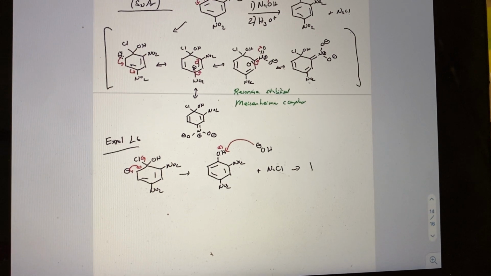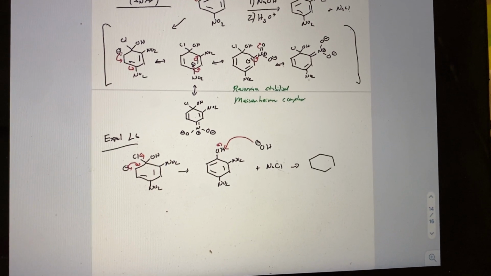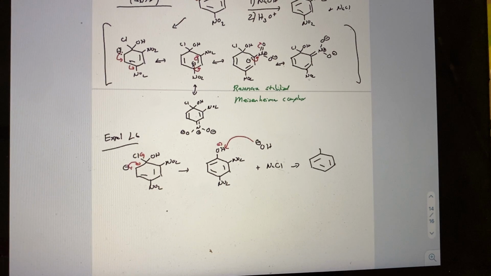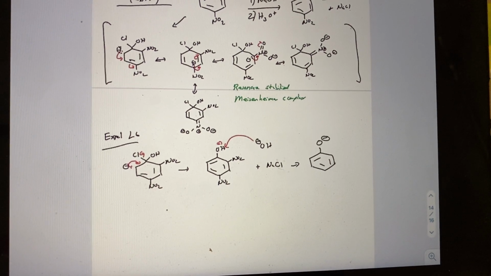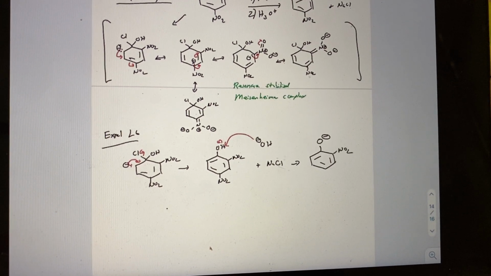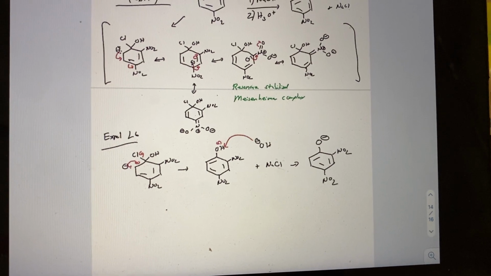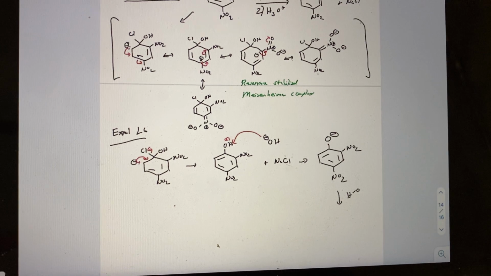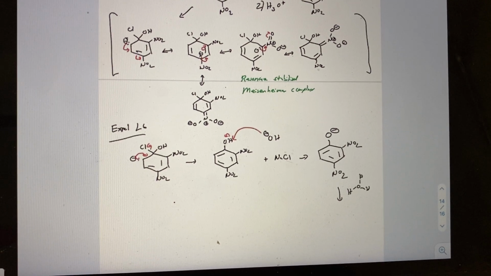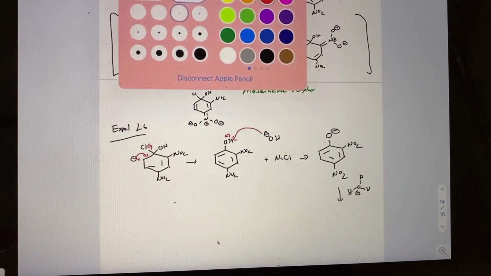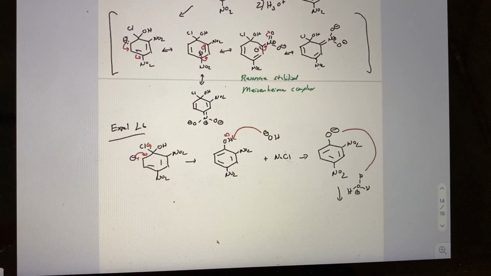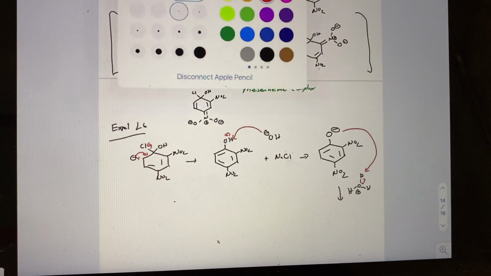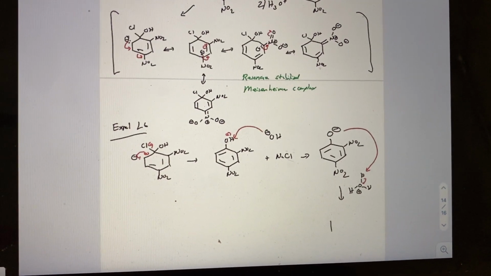Because the reaction is done in the presence of strong base, you're going to generate this deprotonated species. So in order to get the actual phenol product that you want, in the last step you add in acid to reprotonate. So this will generate the final protonated product.